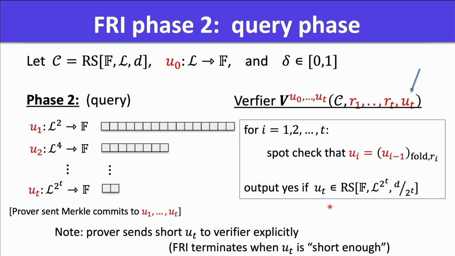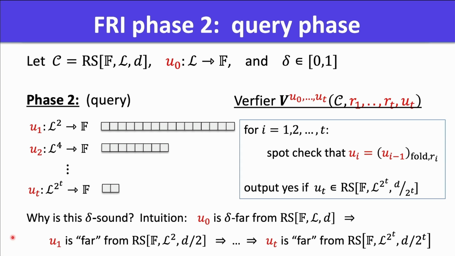Now, the more interesting case is what happens if U0 is delta far away from the code. In that case, we're going to rely on our corollary with respect to folding. The intuition is if U0 happens to be delta far from the original code, because folding preserves distances, that means that U1 is about delta far from the compressed code. And U2 will be delta far from its compressed code, all the way to UT being roughly delta far from the super compressed code.